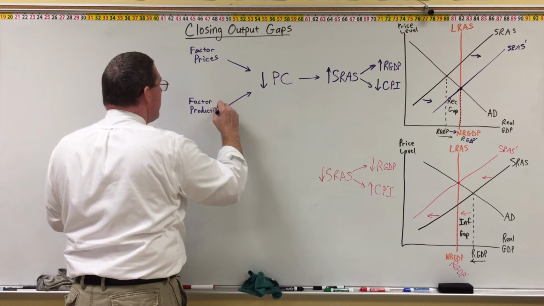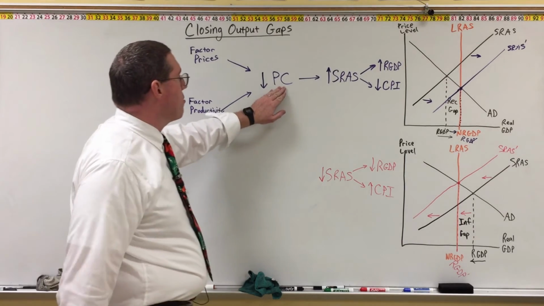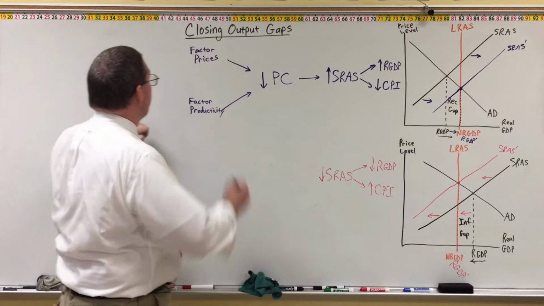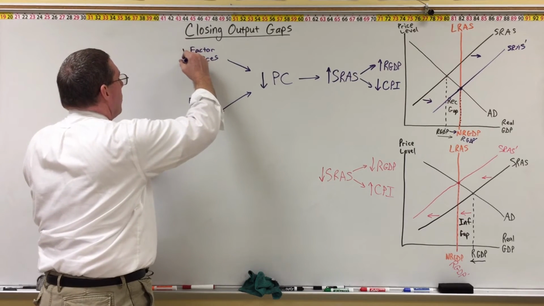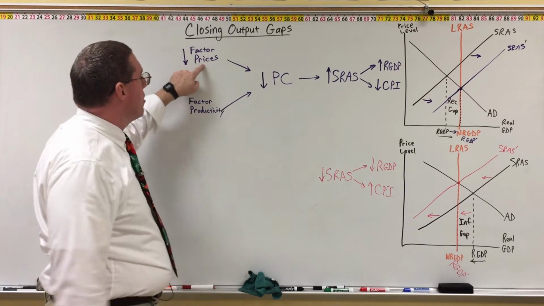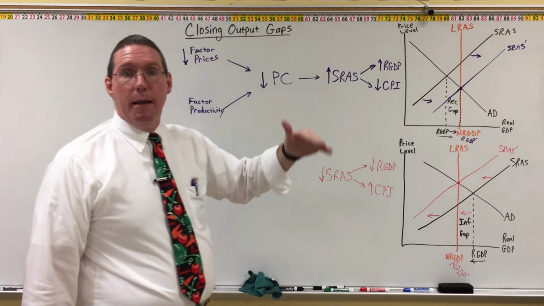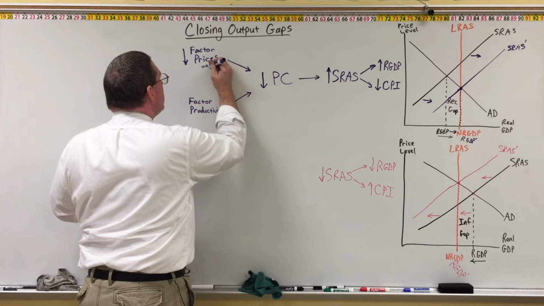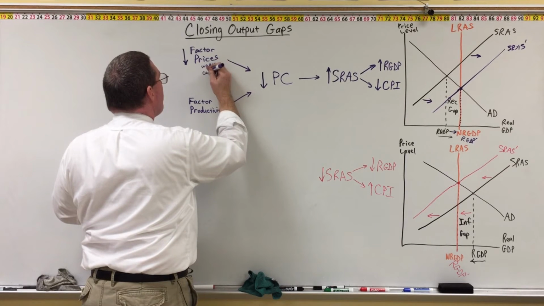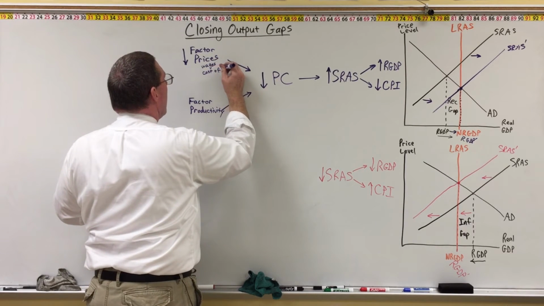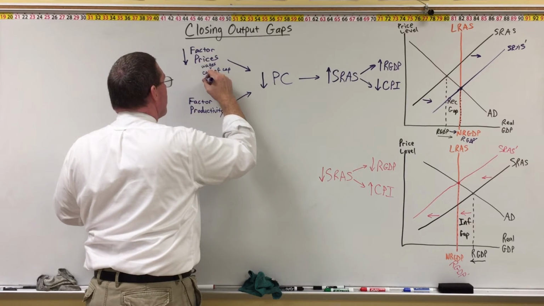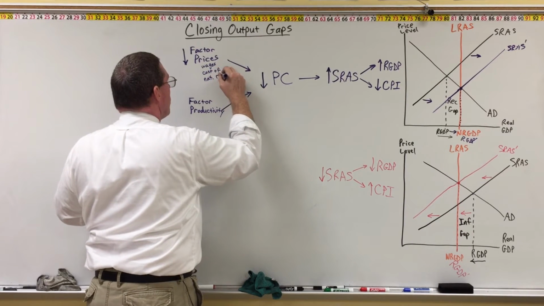We said that for costs to go down, the prices of our factors of production will have to go down. So a decrease in the prices of land, labor, and capital, that means wages, cost of capital, and also natural resources, the prices of natural resources.